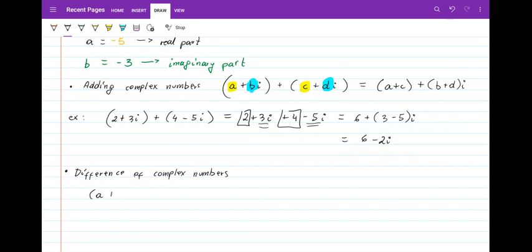When you have a complex number a plus bi, and you need to subtract the other complex number, c plus di, we're going to subtract the real parts, which is a minus c, plus, and we're going to subtract the imaginary parts, which is b minus d.